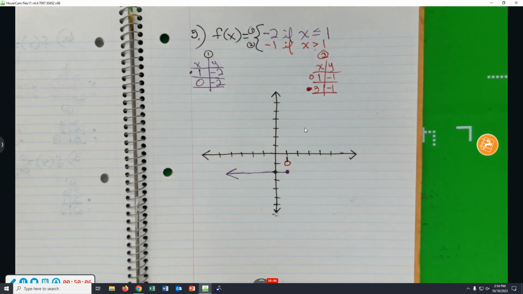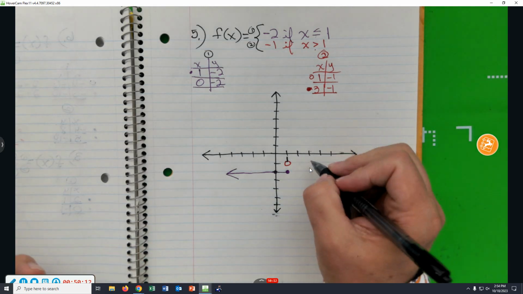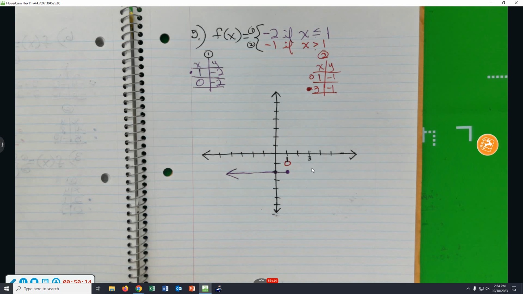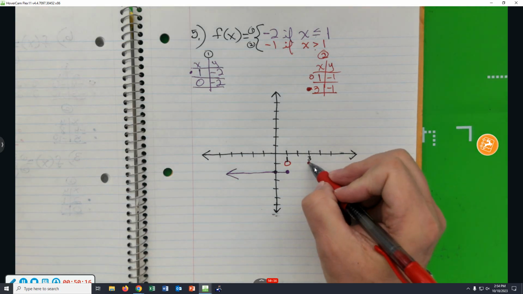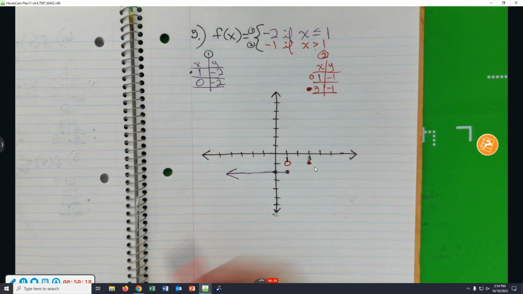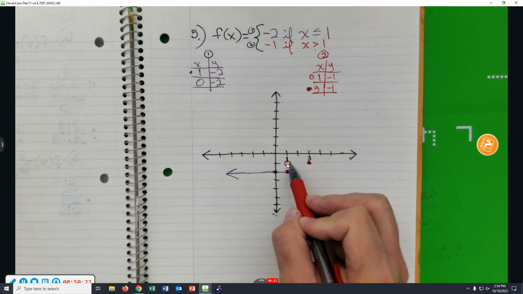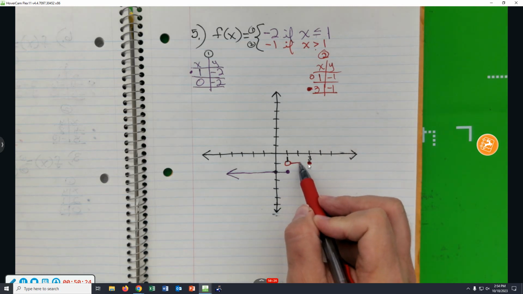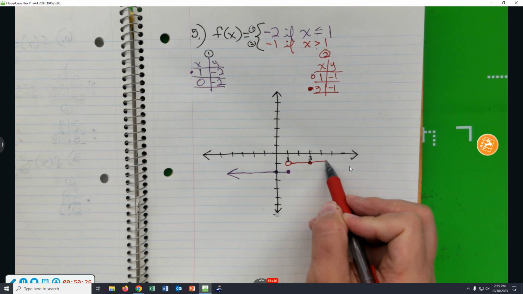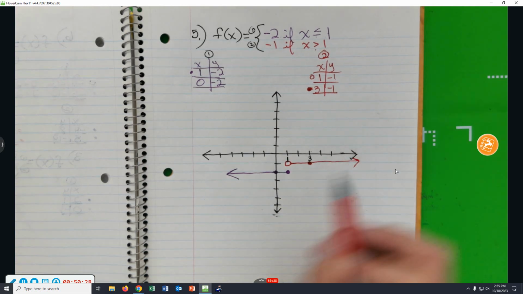That is not saying a -3. We go right 3, down 1. We have a regular closed dot. The graph starts at the cut point. Is it going to stop? No. The interval keeps going and going forever.